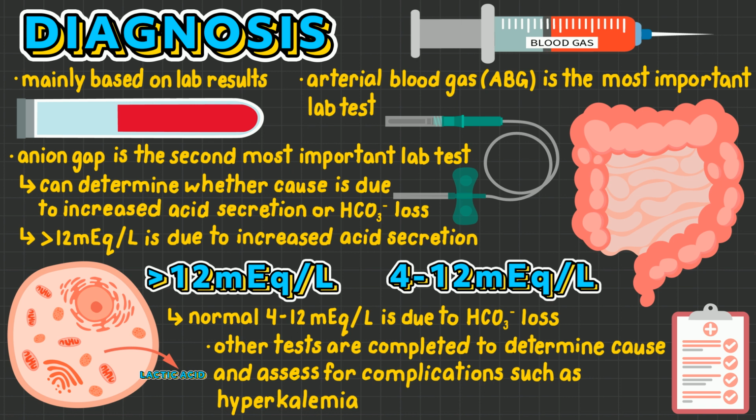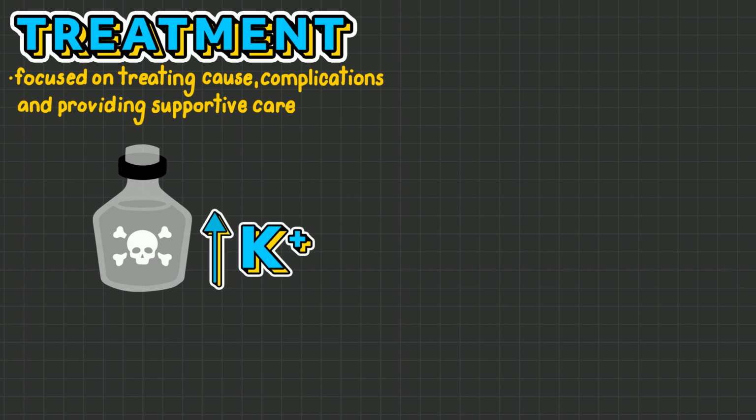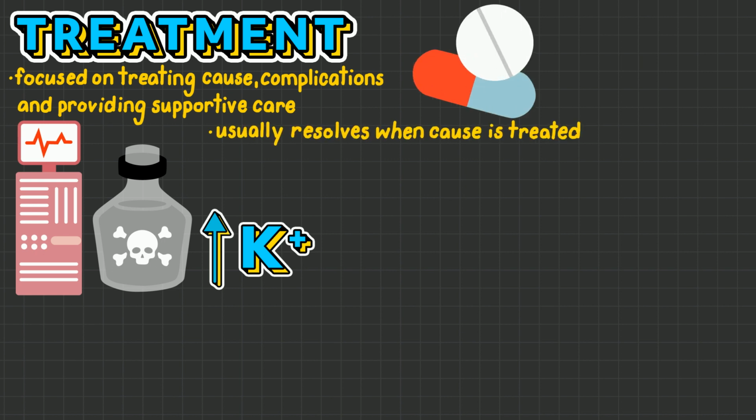Treatment of metabolic acidosis is mainly focused on treating the cause, complications such as hyperkalemia, and providing supportive care. Metabolic acidosis usually resolves when the cause is treated, and oftentimes no other intervention is needed.